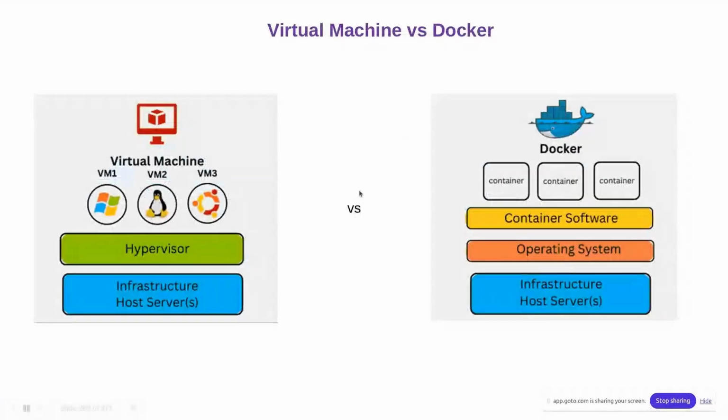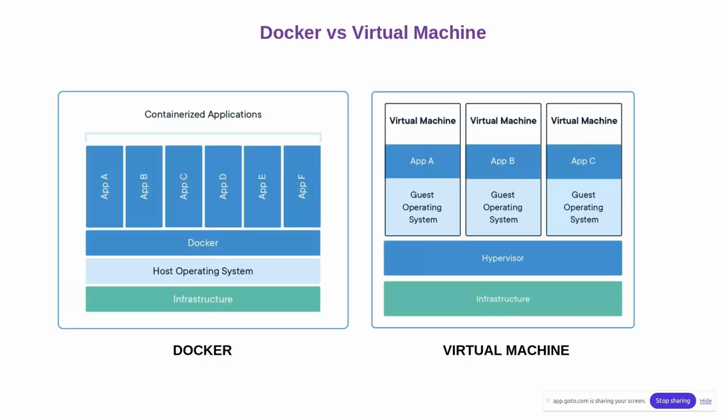Okay. So let me repeat again. A virtual machine will hold the guest OS. The guest OS itself will occupy a lot of space, right? Let me go to this diagram. See here, in this virtual machine architecture, on top of the host machine and the hypervisor, if you want to run any application, that needs a platform which contains an OS, right?